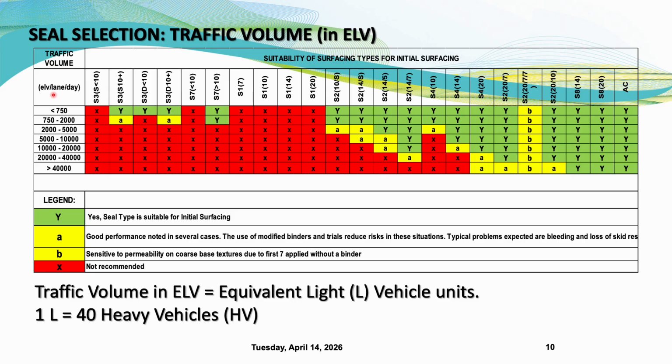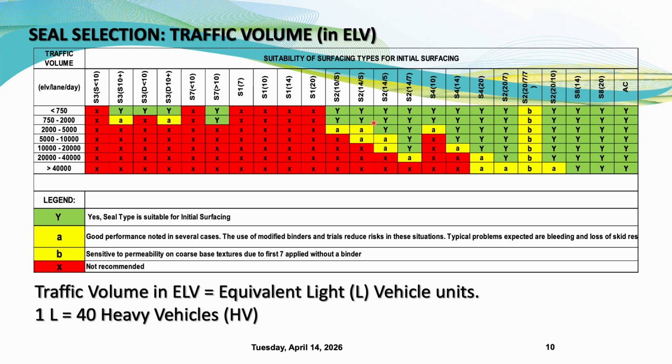Let's take an example. Say the traffic is 750 to 2000 ELV, and you wanted to know if a double seal will do the work. You can see all the options available for that traffic if you go across the table. S7 is okay. S7 larger than 10, it's a slurry. And then a double seal.